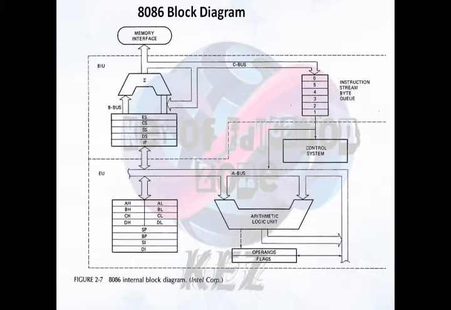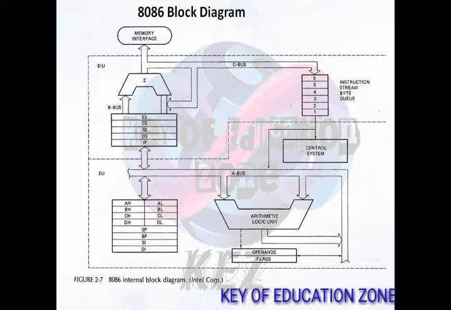Just view it, the upper part where the memory interface is, from this memory interface, the bus interface unit BIU is there. The upper part is BIU. This BIU takes the 16 address lines along with address and data bus, and 4 more address bus.